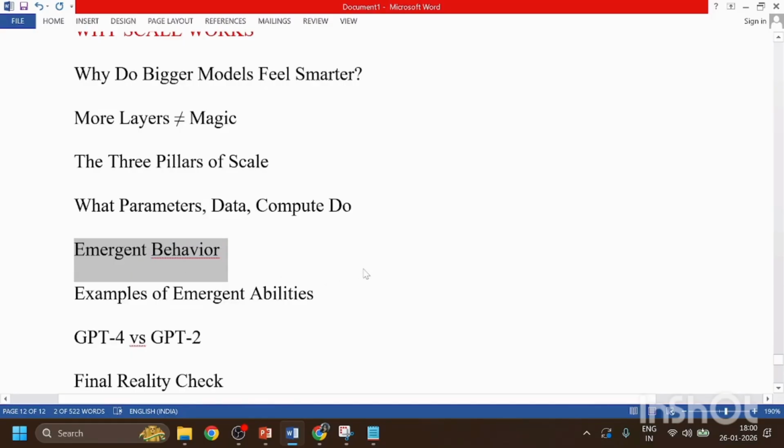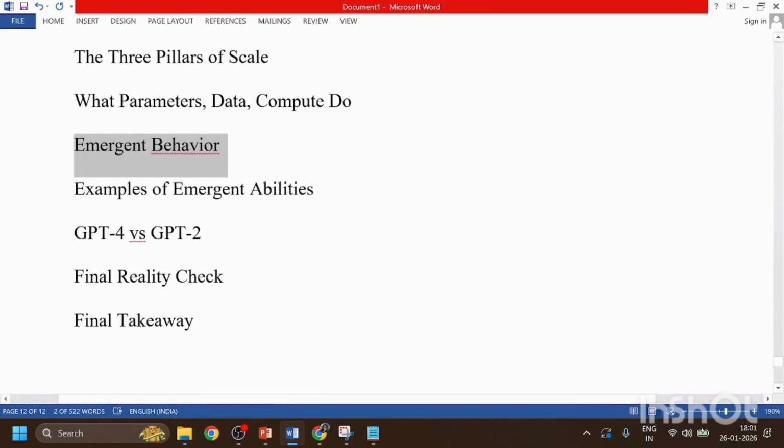Examples of emergent abilities include reasoning steps, code generation, few-shot learning, and instruction following. These abilities are not explicitly programmed.